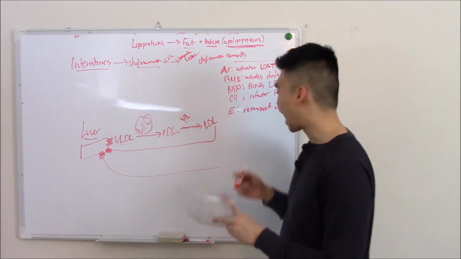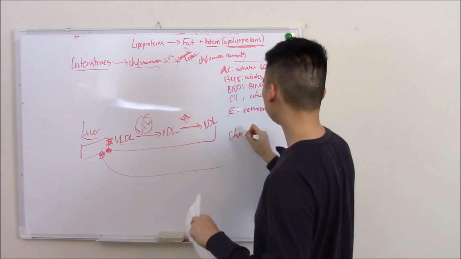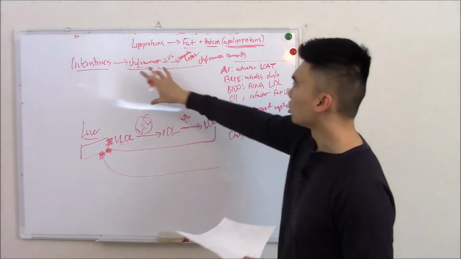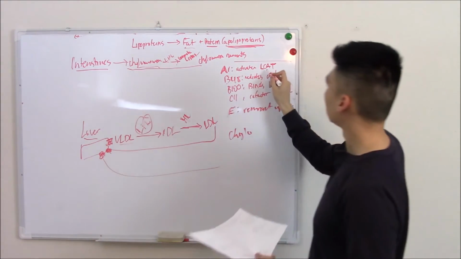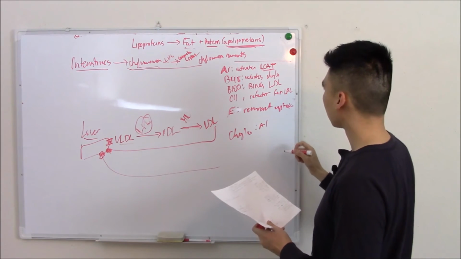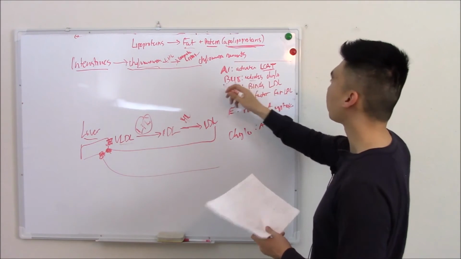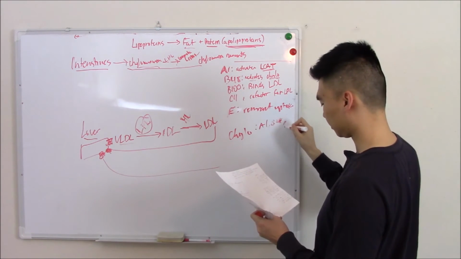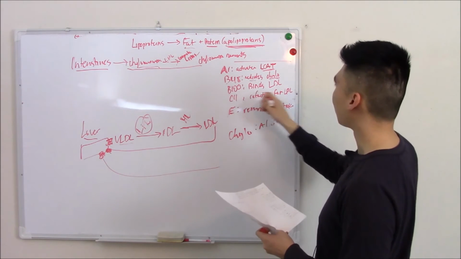So if we take chylos, for example, and we see what they do: they pick up fat? Yes. So it must have A1. B48 mediates chylos, so it must have B48. Does it bind to LDL?